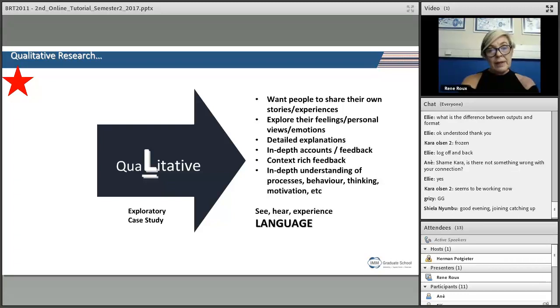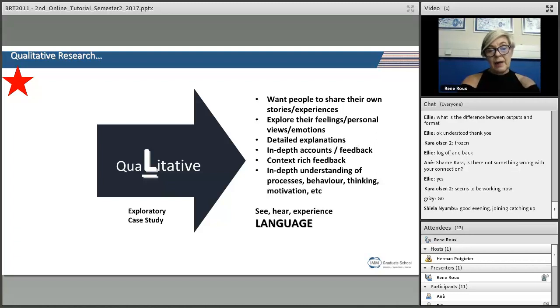Now, what I find is that the terminology, qualitative and quantitative, is actually very close to each other. And people have the right intention of maybe using qualitative, but they use the word quantitative because the two words are so close.